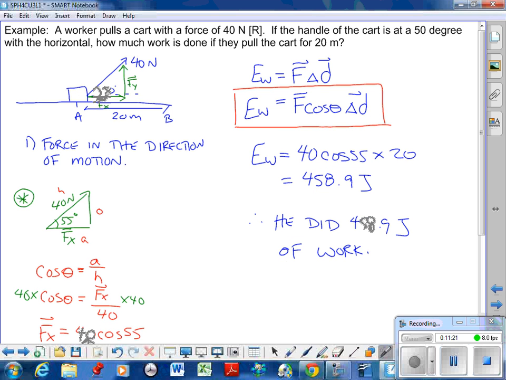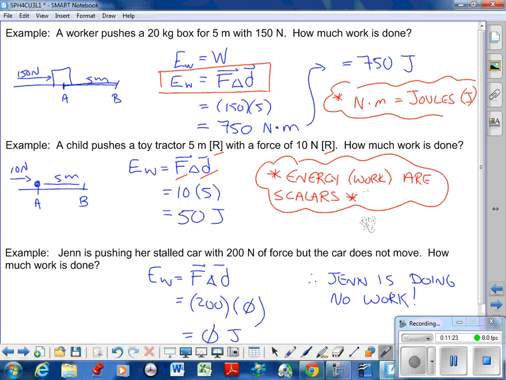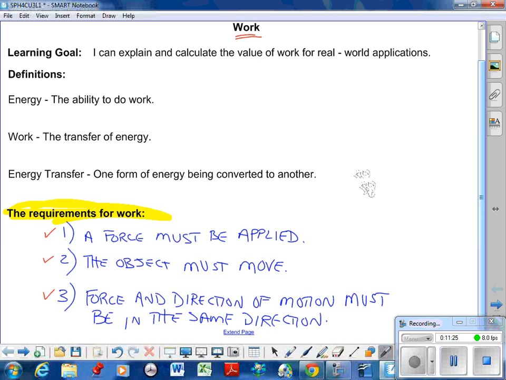And that's it, that's your introduction to work. So again, work is those three conditions. A force must be applied, the object must move, and force and direction of motion have to be the same. Think of a backpack question, just as an aside here for a second. When you go to school and you carry your new green Teenage Mutant Ninja Turtles backpack, what direction is a force acting on the backpack?